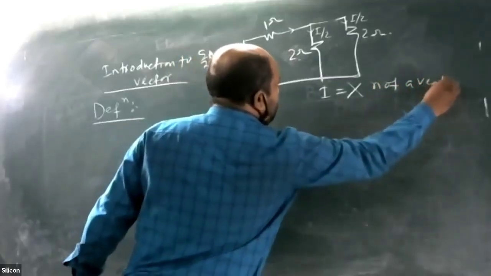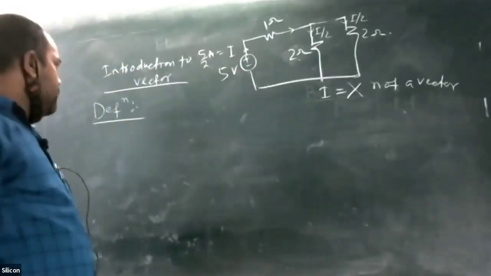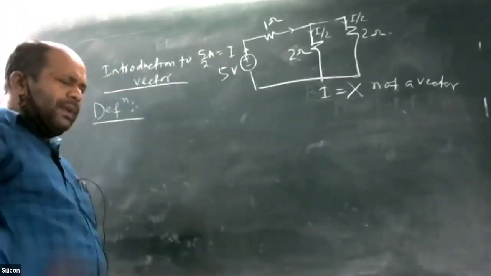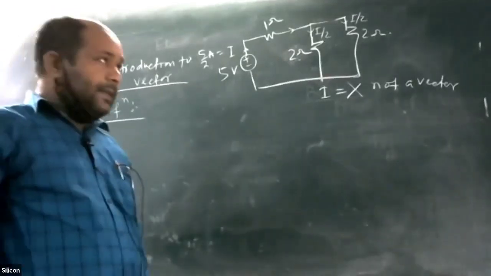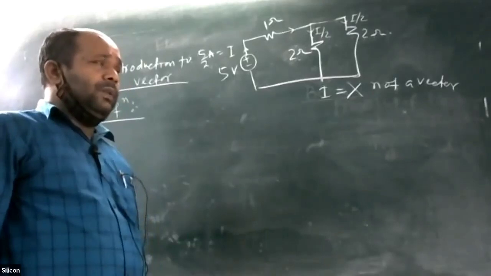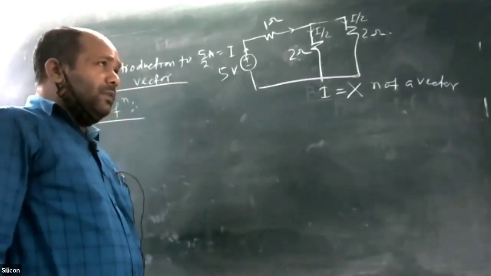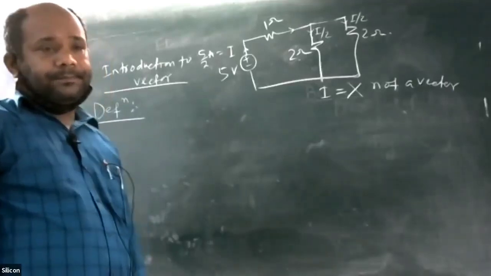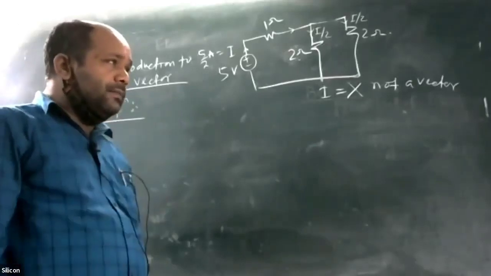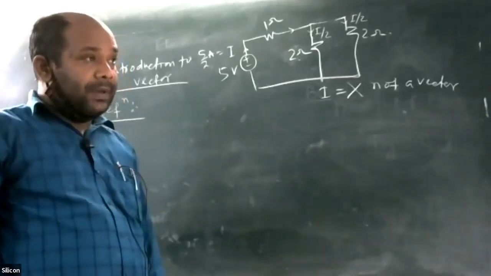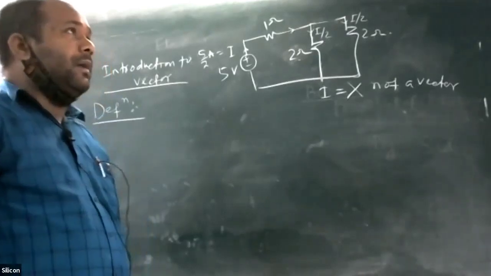Vector is a physical quantity which is having both magnitude and direction, and which satisfies the vector algebra.